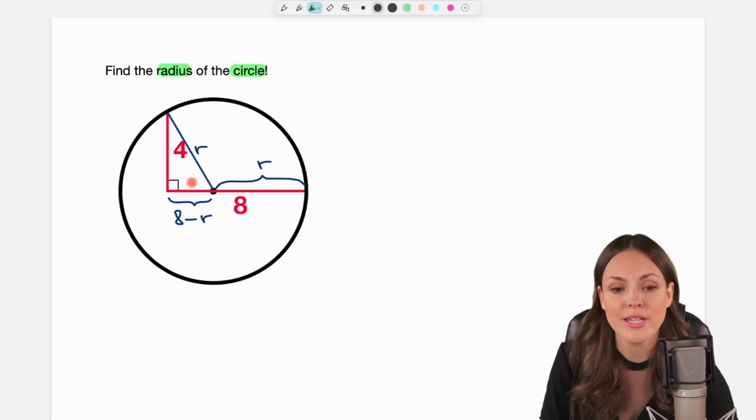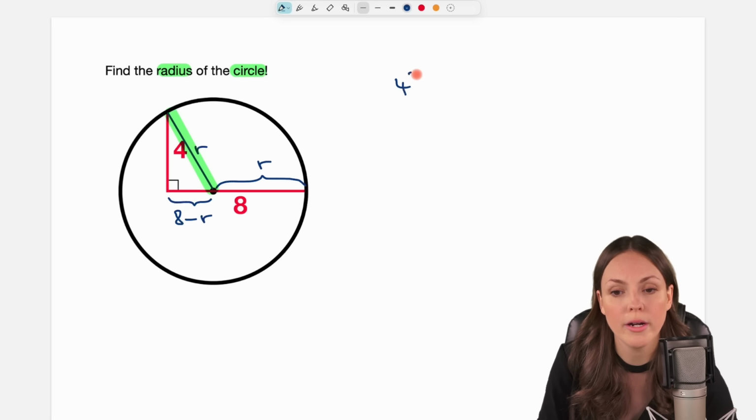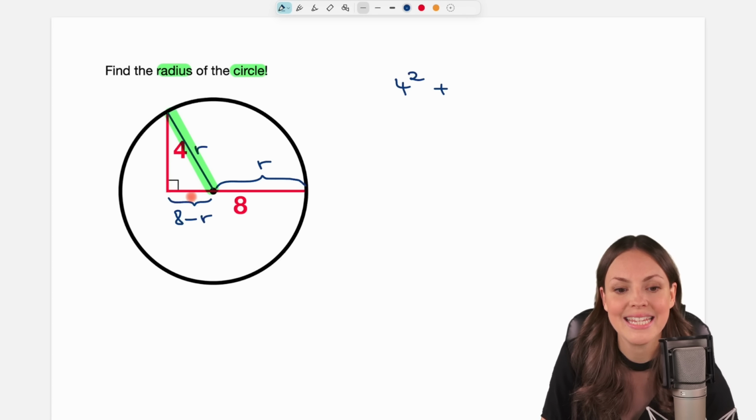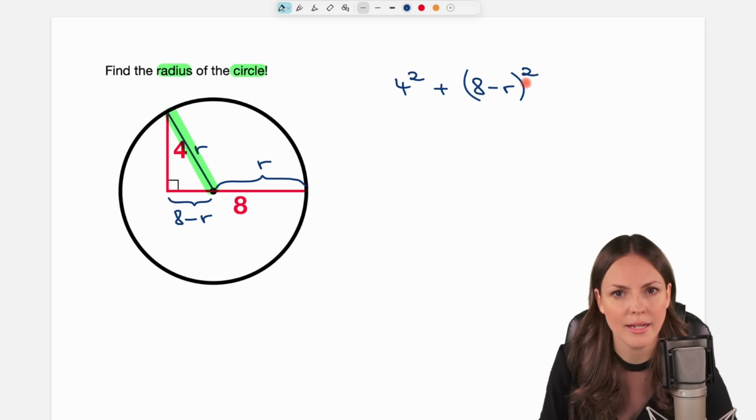Okay, so now we can use the Pythagorean theorem here in this triangle. For this, we first have to find the hypotenuse. That is always the side that lies across my right angle. So this is the hypotenuse. And the Pythagorean theorem then says, take one of the sides, so the 4, and square it, plus take the other side and square it. So I take the 8 minus r, write it in parentheses, and square this entire thing.